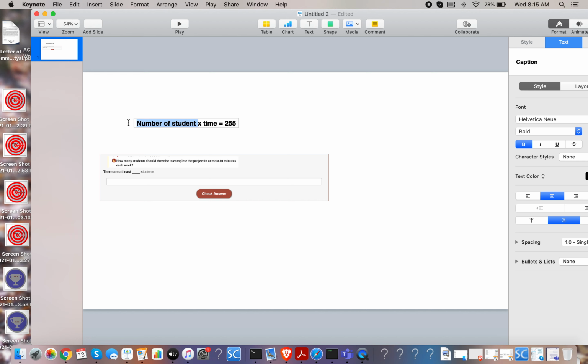So we don't know this part, but we know this part. So we're going to just substitute in here. We don't know how many students, so let's just leave that n. n times 30 is going to equal 255. So the number of students has to equal 255 divided by 30.